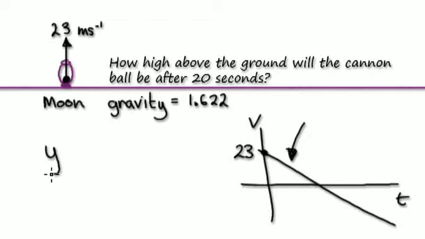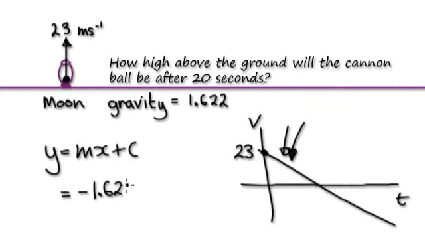Any straight line will follow the form y equals mx plus c. The gradient of this straight line is the gravity, minus the gravity, so it will be minus 1.622 x plus the intercept.